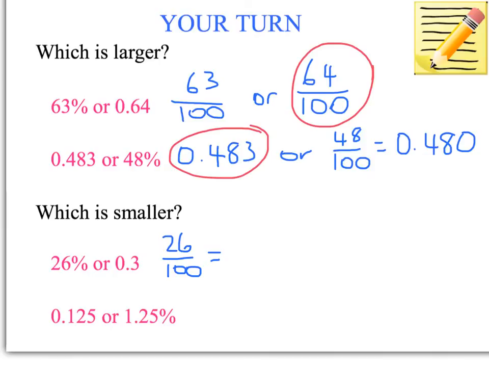So that is 0.26, or 26 hundredths. Or we've got 0.3, which is 3 tenths or 30 hundredths. So we can clearly see that this one is bigger.